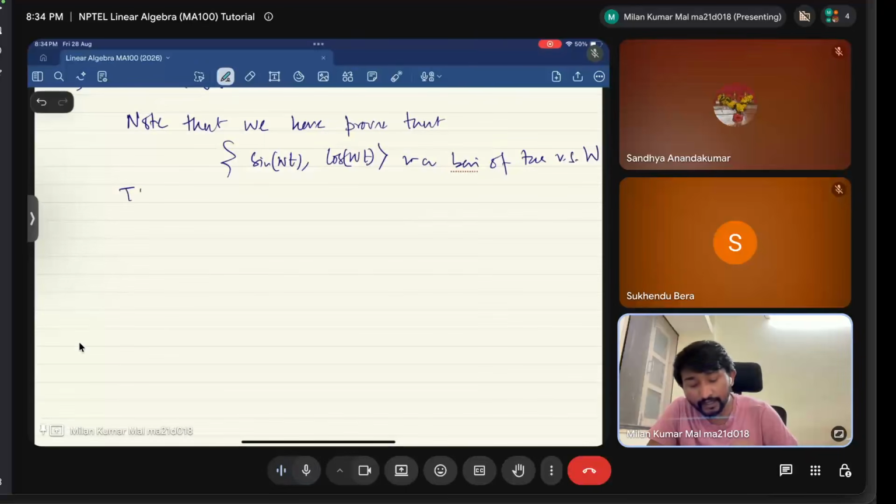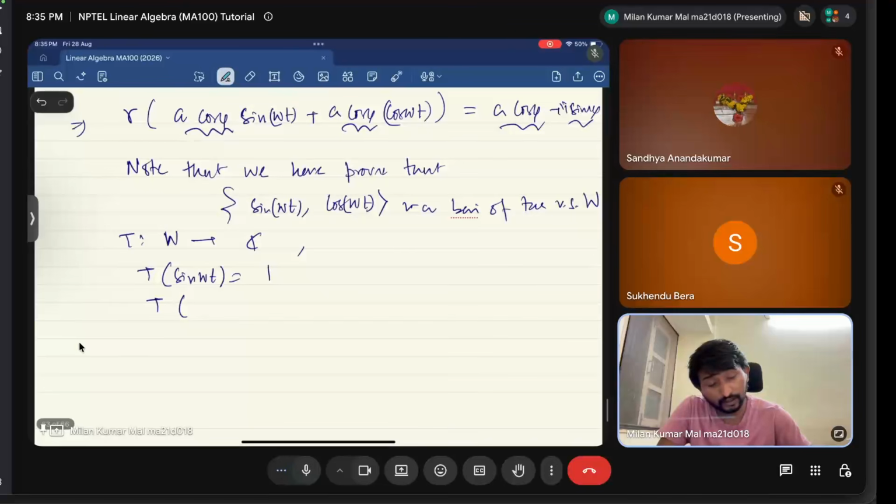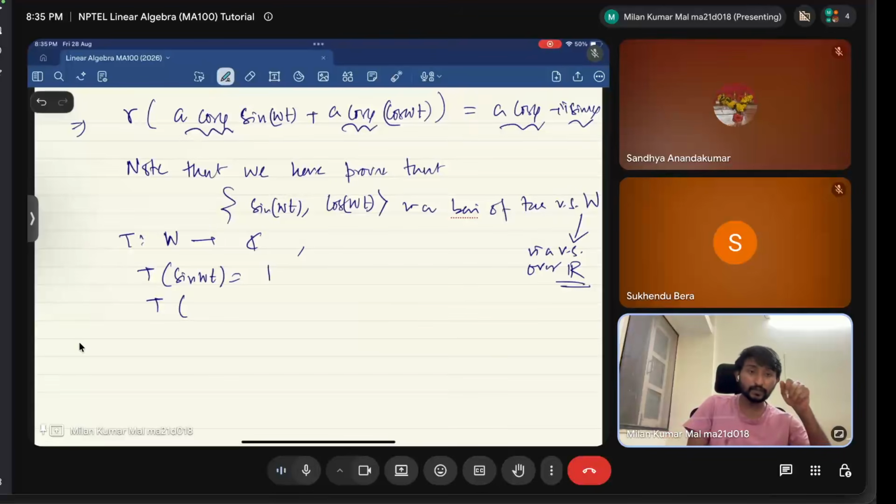Now let's take a linear transformation from W to C. Note that W is a vector space over the field R, the space of all real numbers.